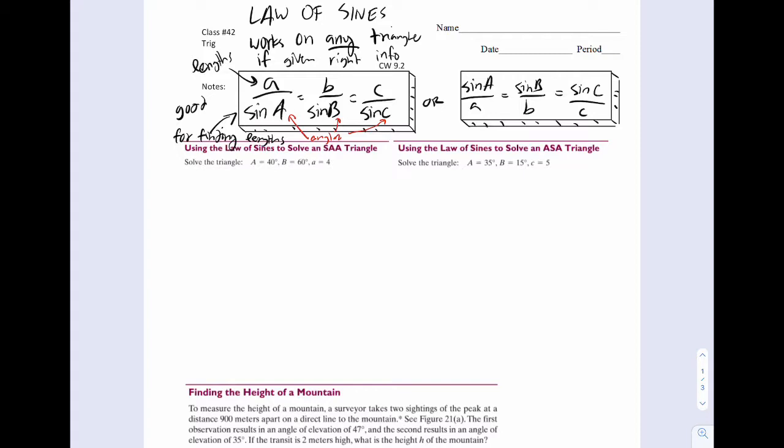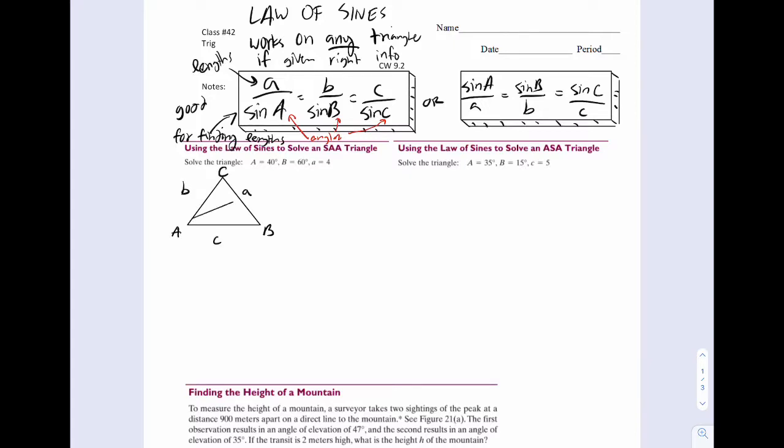First thing we're going to do is draw a generic triangle. It doesn't really matter how you draw it. I'm just going to draw it generic, but in homework you can draw it like that too. A, B, C. It's important to note how it corresponds. It must be labeled like this respectively.